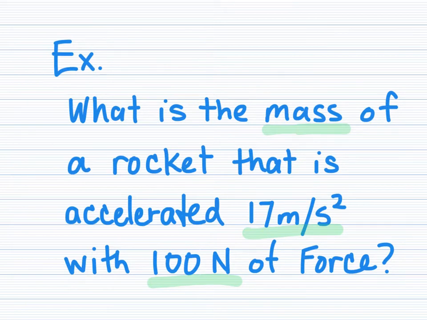Okay, so there's three pieces of information that I need in this problem. I'm given two of them. I'm given the acceleration and the force, and I'm looking to find the mass.